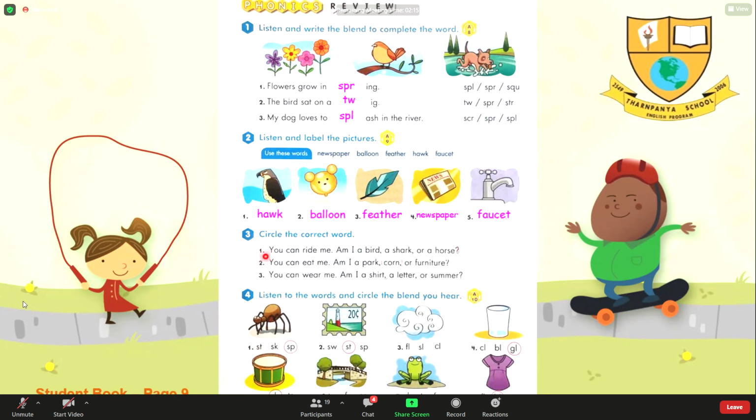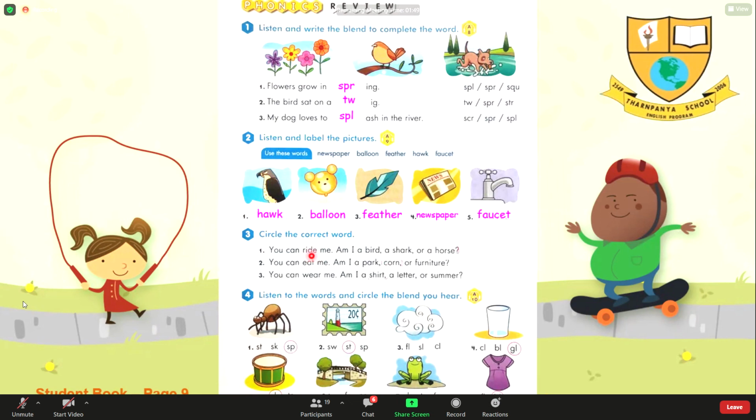So let's start. Who wants to read the first one? Do I have a volunteer to read the first one? Chris? Okay, Chris, number 1 here. You can read. Ride. Listen, ride.